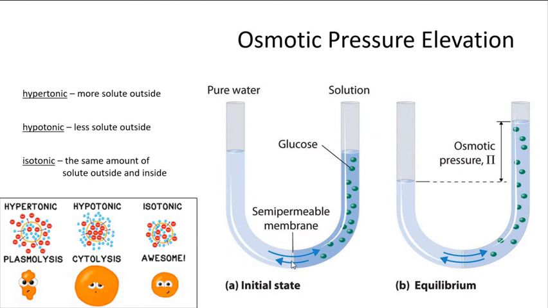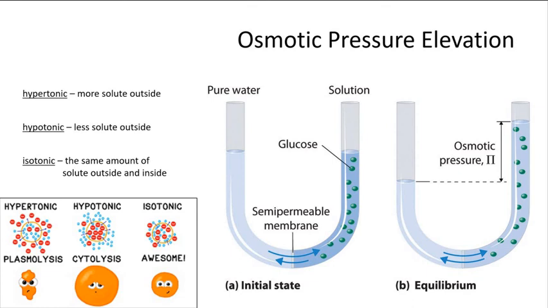It goes from high to low concentration. So the water is going to go from pure water over to the other side to try to balance it. And what you see is eventually you end up with one side having a lot of extra volume because it's trying to balance out the amount of water by osmosis.